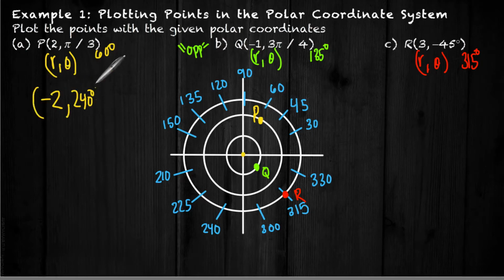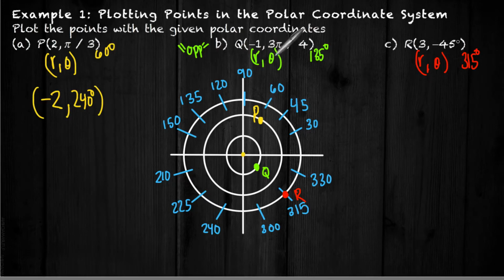See if that makes sense to you. 240 is here. Instead of going 2 units towards 240, we're going 2 units away from 240, which is the same as going 2 units towards 60. So I want you guys to actually try, pause the video and see if you can come up with another set of polar coordinates for Q and for R.